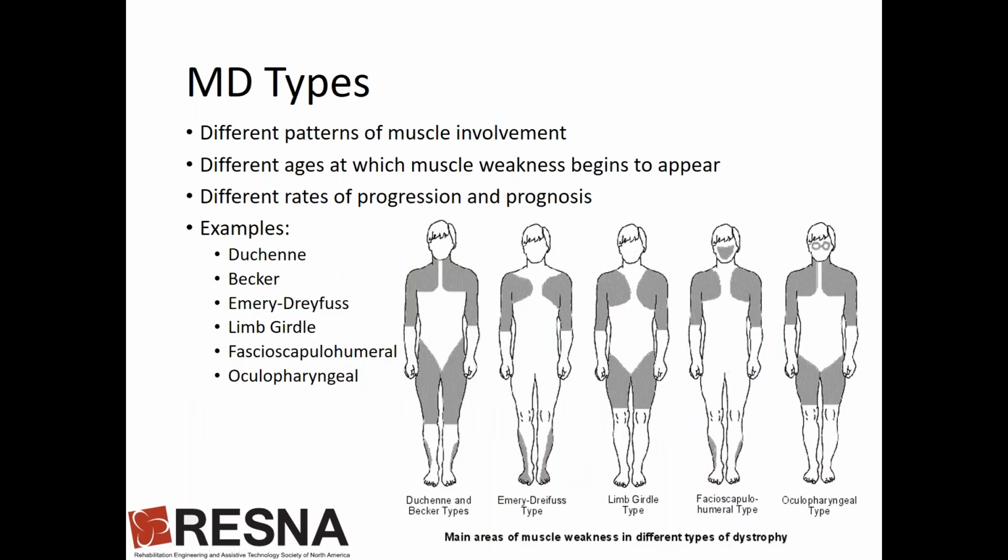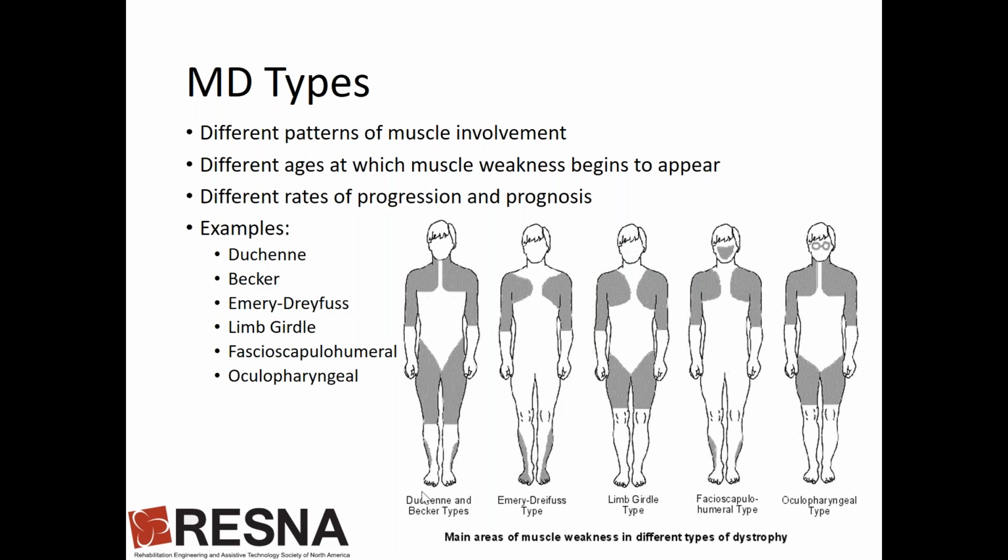So here are the different types. I'm going to minimize my chat box, so holler if you need something. There are different patterns of muscle movement in different ages where the weakness begins to appear, and different rates of progression.